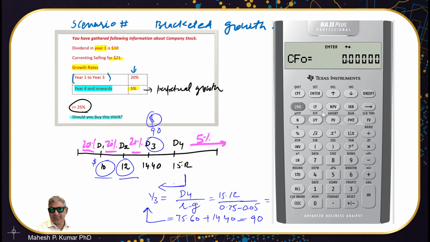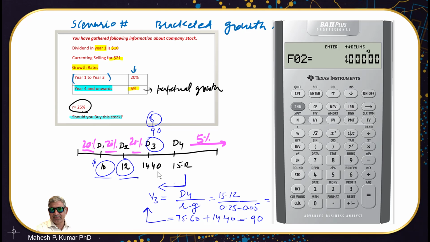Hit the cash flow function, second clear work, so that anything in the memory of the cash flow function is erased, and the first cash flow is 0. The first cash flow D1 is $10. We enter $10, hit enter, go down, and this is one time, so C2 is $12, enter, go down.